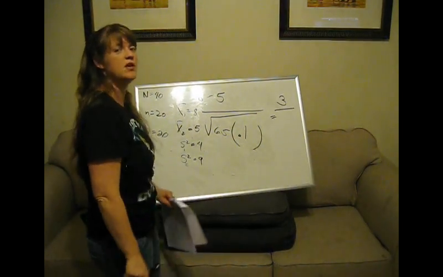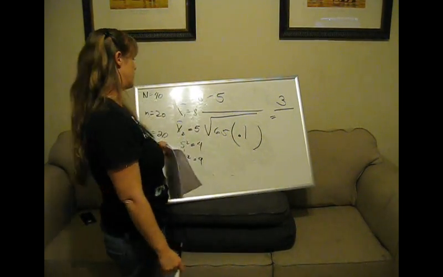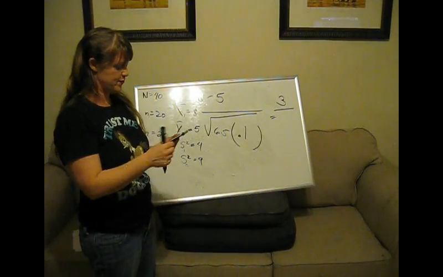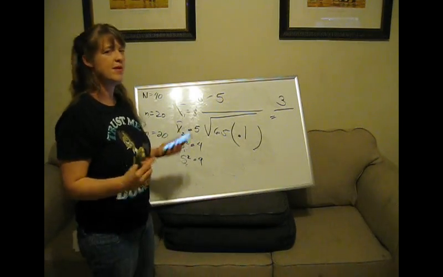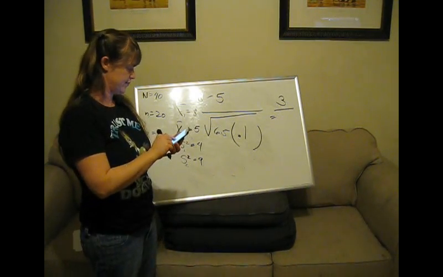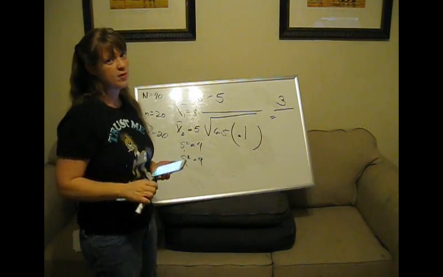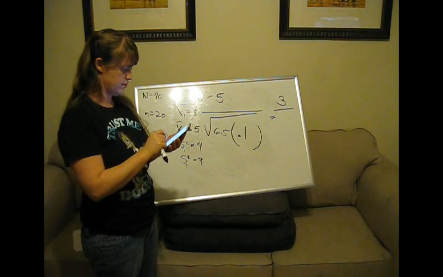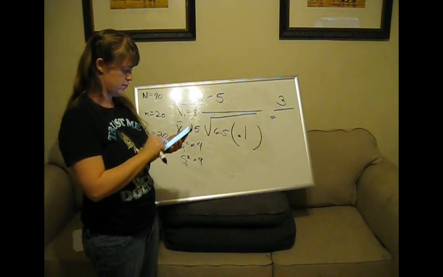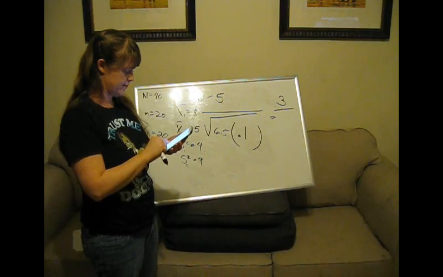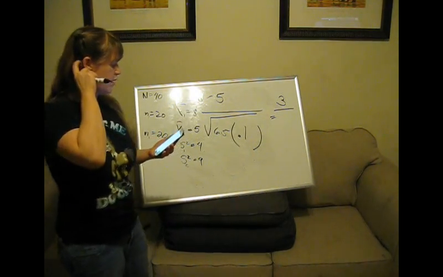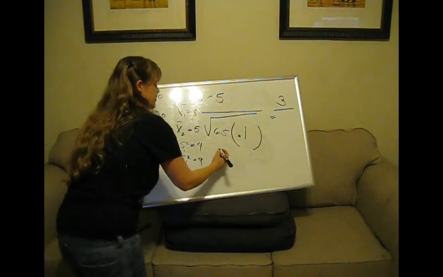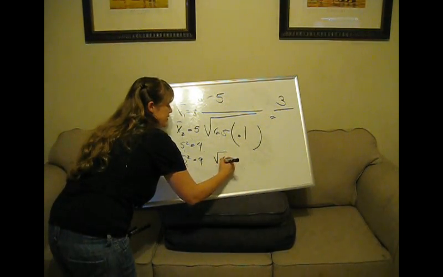Please verify in your calculators that I am doing the math properly. And so then I just take 6.5 and I multiply it by 0.1. Where did 6.5 come from? That was my pooled variance. Where did 0.1 come from? Well, that was 1 over 20 plus 1 over 20. So 6.5 times 0.1 is 0.65. So standard error is the square root of 0.65.